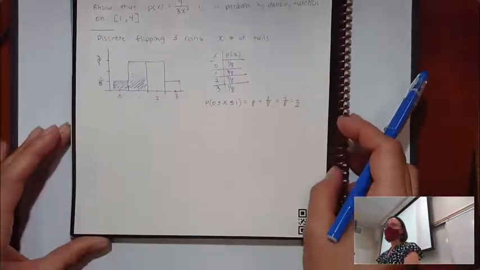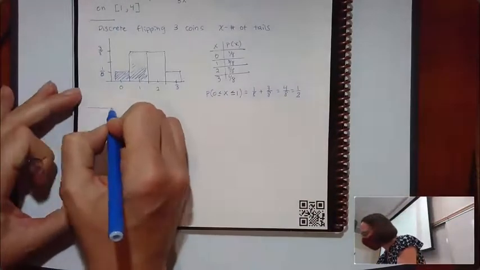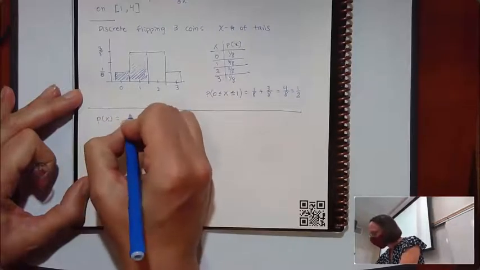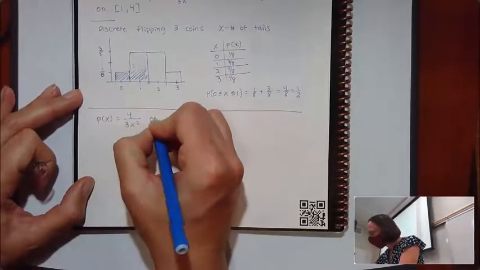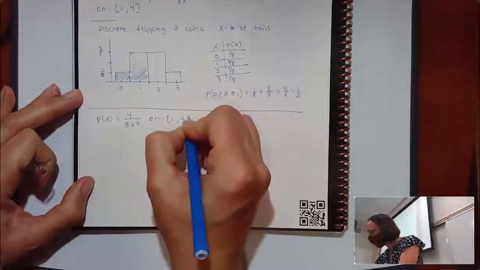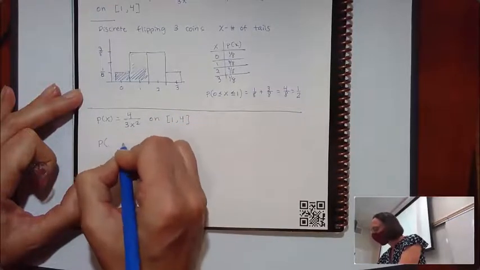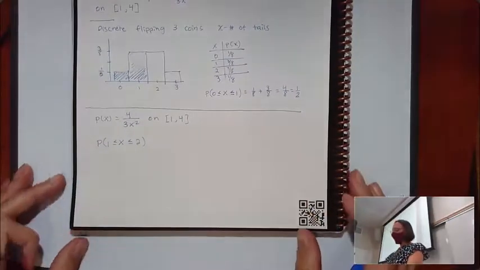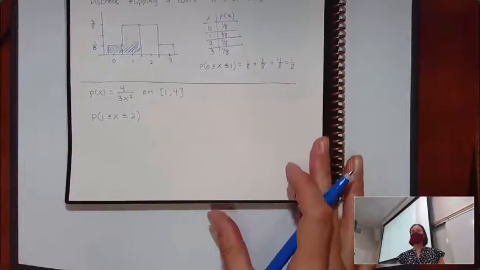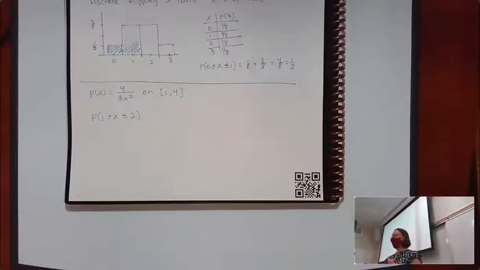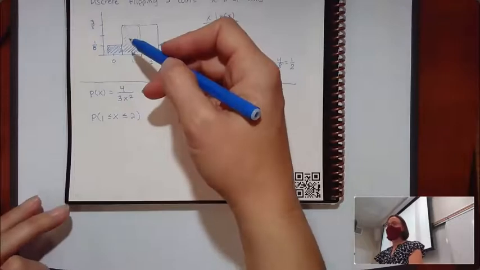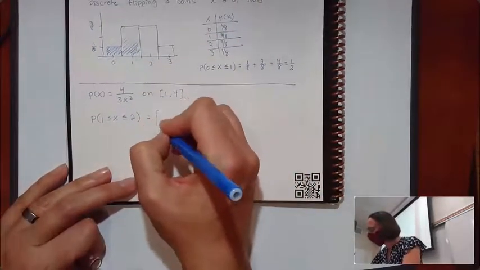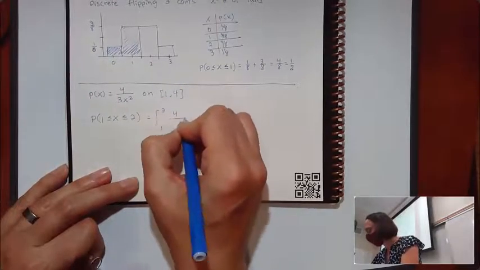For my continuous function up here, where P of X was 4 over 3x squared on 1 to 4, if I wanted to find the probability that X is between 1 and 2, rather than having some graph and finding the area by using actual rectangles, I'm going to use some actual calculus and integrate this thing from 1 to 2.